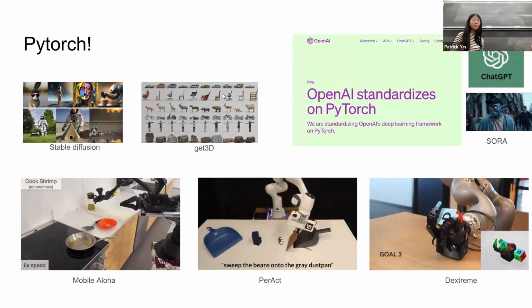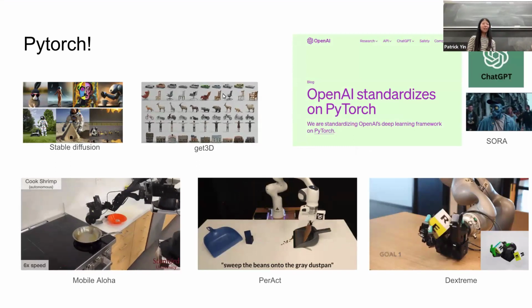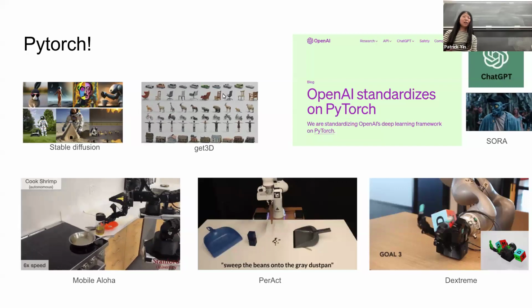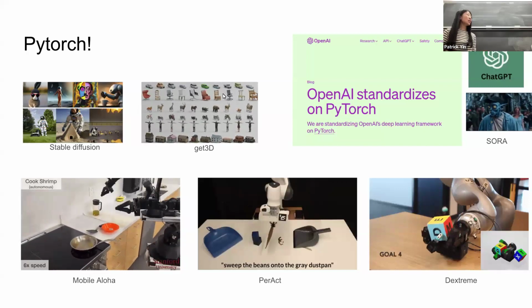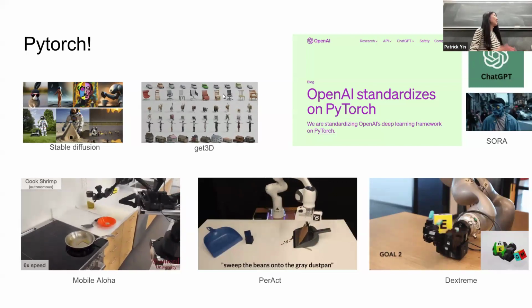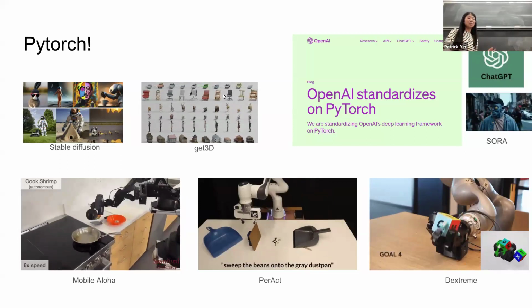In the past few years, we've seen a lot of really amazing work coming out. For example, Stable Diffusion came out about a year ago, which is a text-to-image generator that, given a language condition, generates super realistic images. This is built with PyTorch.